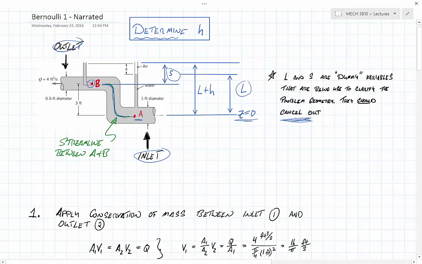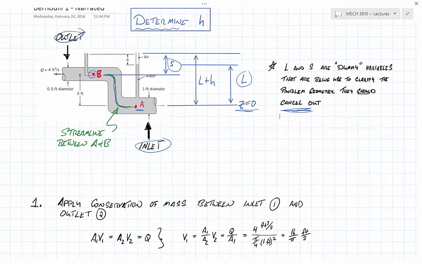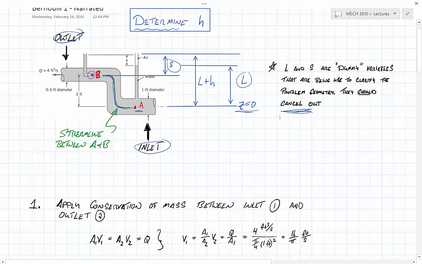All right, so what we're going to try to do here is figure out what we know and what we don't know. And the way we're going to do this is applying the two laws that we're working with right now: conservation of mass, also referred to as continuity, and the Bernoulli equation. So right away, we have enough information to determine some velocities because we have the total volumetric flow rate, and we have information about the inlets.